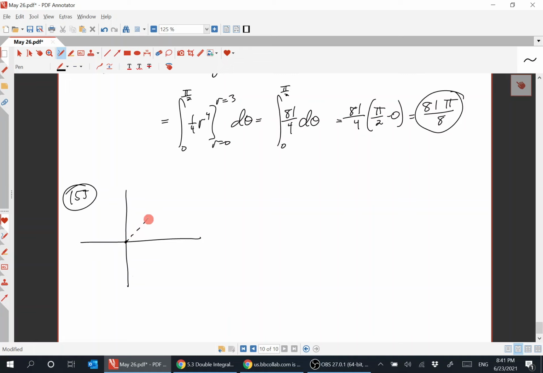So this is pi over 4 equals theta. So we're looking at r is sine 2 theta. So this is r equal to 0 for theta equal to 0. And then as theta goes out to pi over 4, 2 theta goes to pi over 2, so that goes out to 1. So that's the point 1 comma pi over 4.